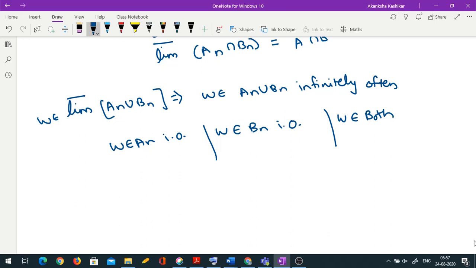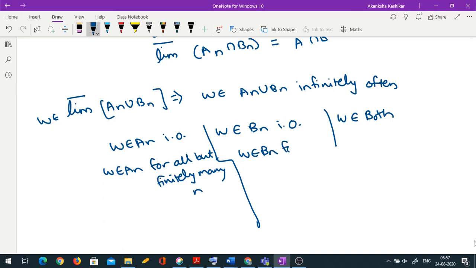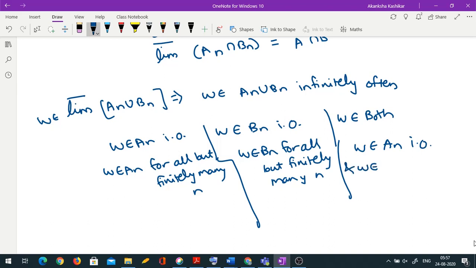In fact, ideally I can say omega belongs to A_n for all but finitely many n's. Similarly, I can say omega belongs to B_n for all but finitely many n's. Or omega belongs to A_n infinitely often and omega belongs to B_n infinitely often.